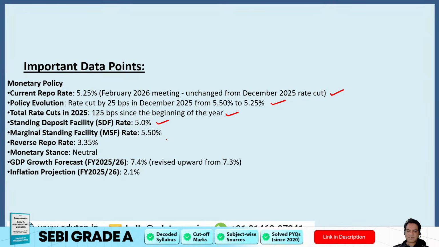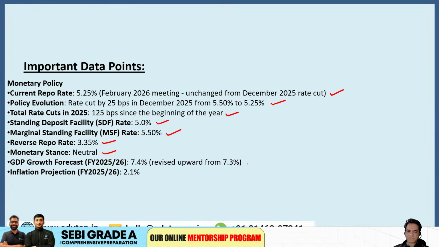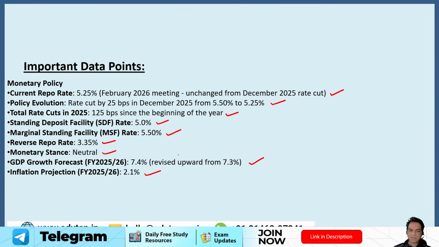Marginal standing facility MSF rate is 5.5%. Reverse repo rate is 3.35%. Monetary stance is neutral. GDP growth forecast for the next year 7.4%, revised upward from 7.3, and inflation projection for the next year is 2.1%. So minimal inflation and good growth forecast is going to prove beneficial for the economic growth for the country. So this is about the monetary policy that we have.